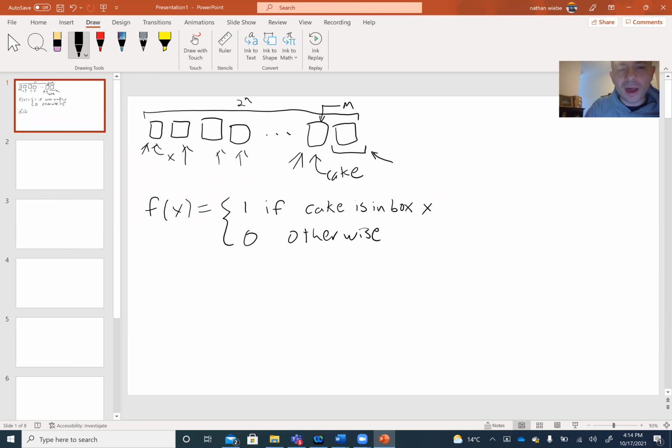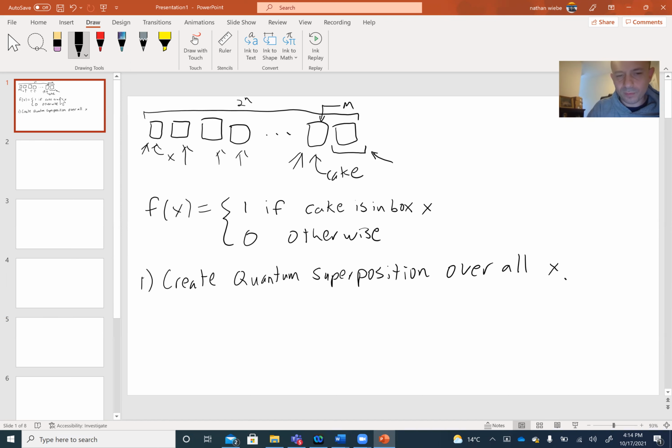Okay. So the question is, how can we solve this on a quantum computer? Well, doing it on a quantum computer is a little bit different. A natural way of doing it would be the following. 1, create a quantum superposition over all x.